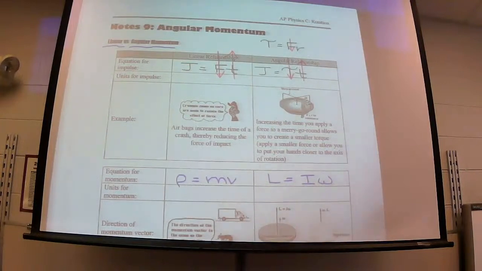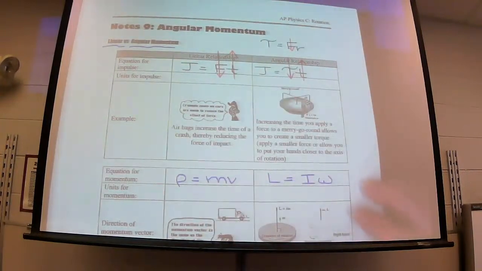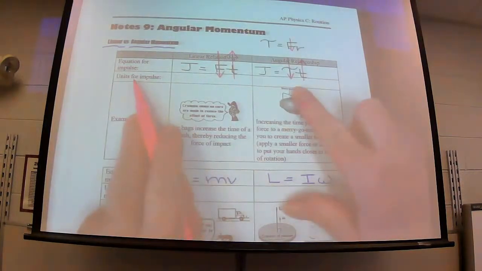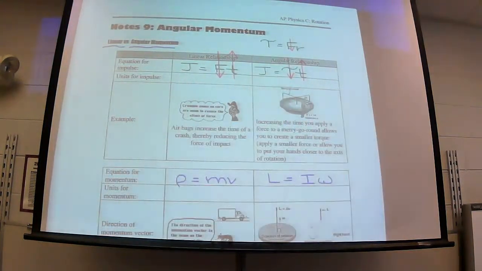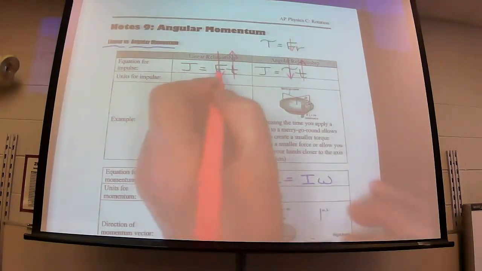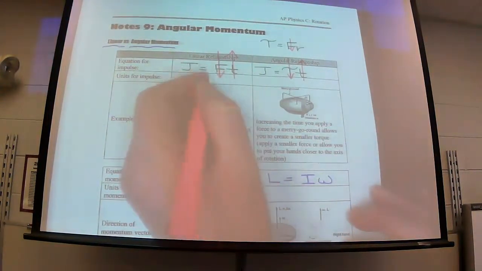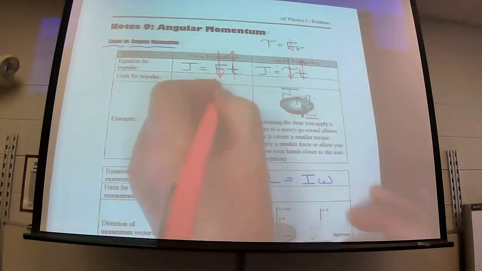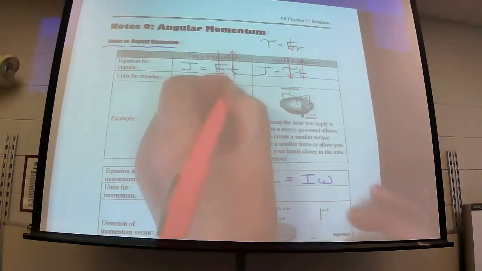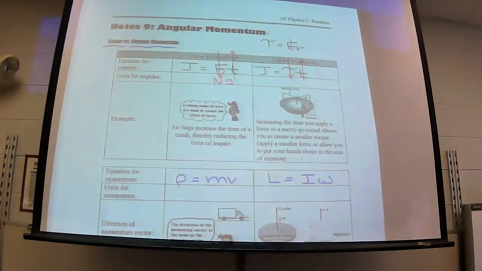Okay, but what I really wanted to look at here, since I think you kind of get the concept of impulse, is the units. I don't have these units memorized. I figured them out. So force is in newtons, and time is in seconds. I'm going to break a newton down.